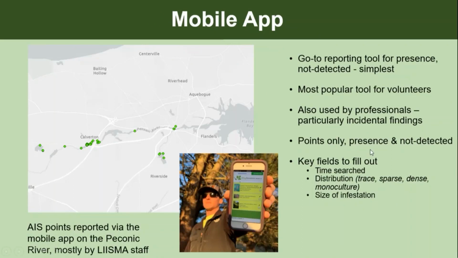And it does not give you all of the fields in iMap, so it just limits it to a couple key fields like time searched, distribution, size of infestation. In the map, you can see aquatic invasive species points in sort of the Peconic River area, mostly collected by LISM staff.